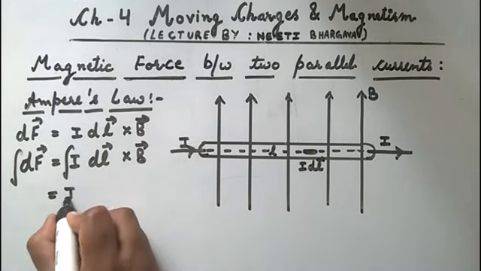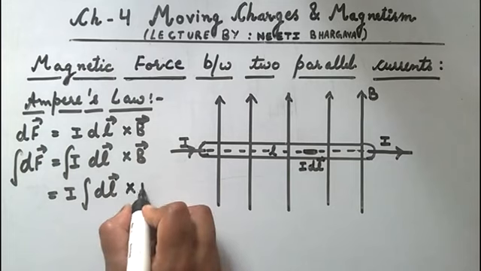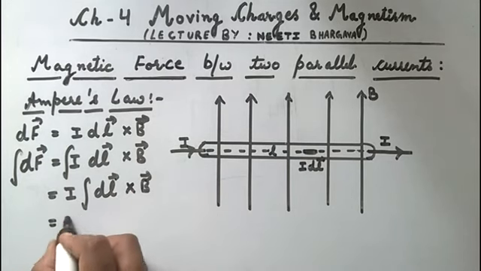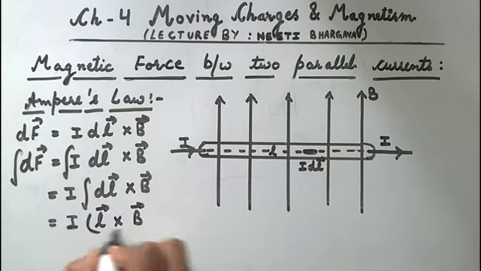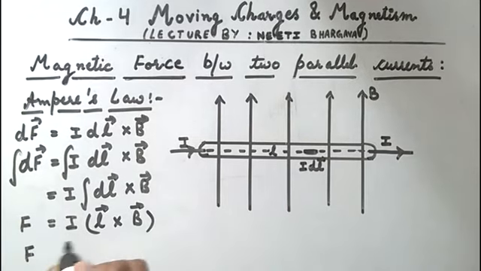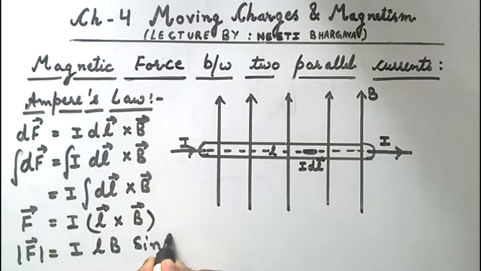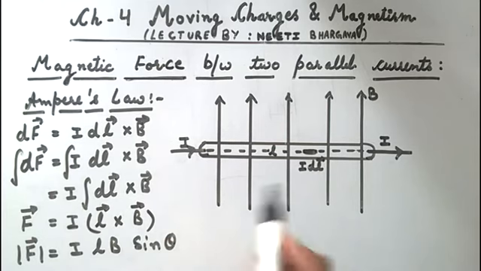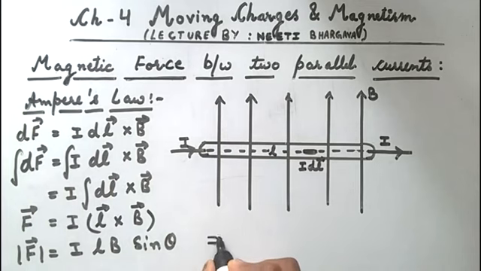Current is the same, therefore take it outside, and it is equal to I L cross B. In magnitude form, I L B sine theta, and as this wire is placed perpendicular to the magnetic field, it experiences maximum force.